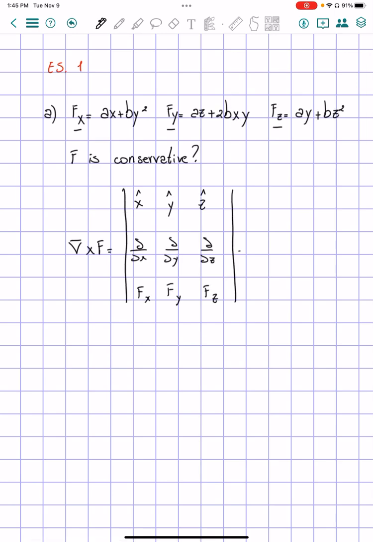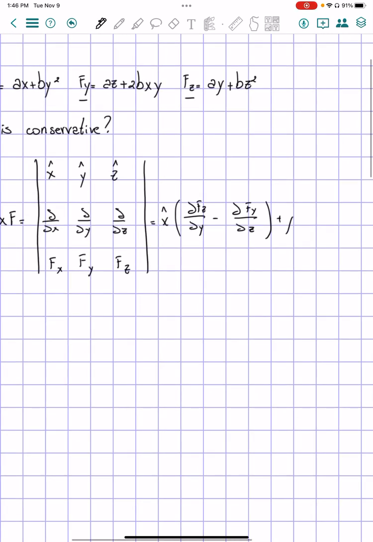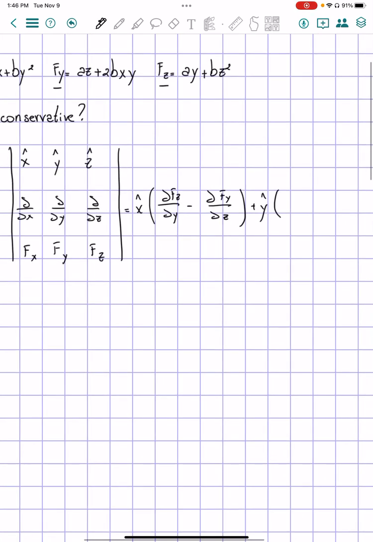So let's solve this. We're going to get x direction, so x hat, d over dy of f of z, minus d over dz of f of y, then plus y hat direction, and we're going to get d over dz of f of x, minus d over dx of f of z.